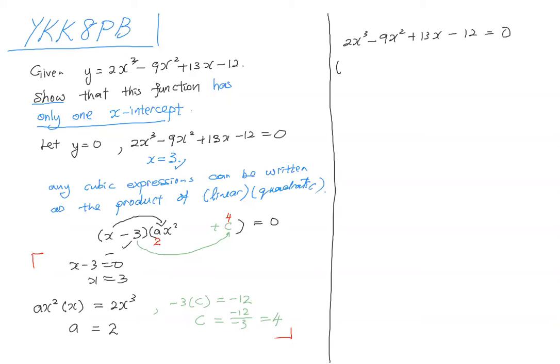So I know one of the roots from the calculator, x minus 3 must be equal to 0 so that I can get x equal to 3. So here I put 2x squared. I don't know what is in the middle, but I know -3 times something must give me -12. So here has to be plus 4.